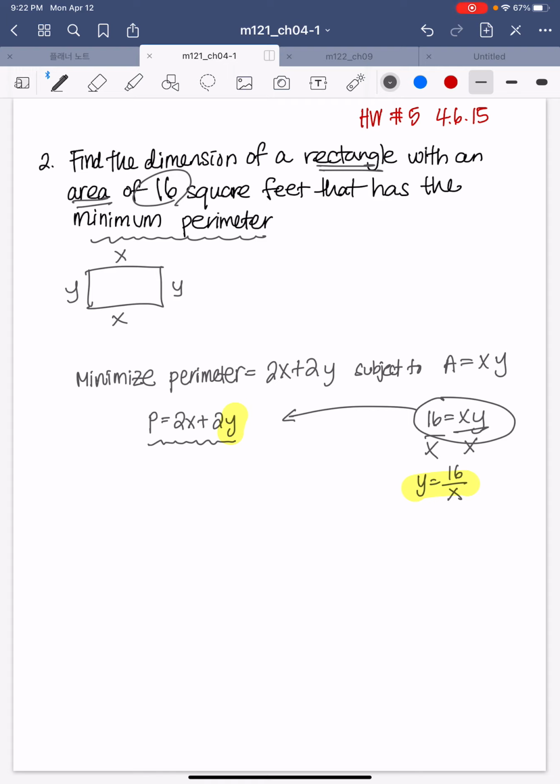So P is equal to 2x plus 2 times y, which is 16 over x. So I have P is equal to 2x plus 32 over x. In other words, P is 2x plus 32x to the negative 1.